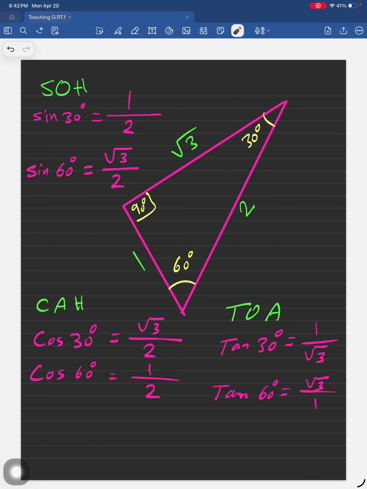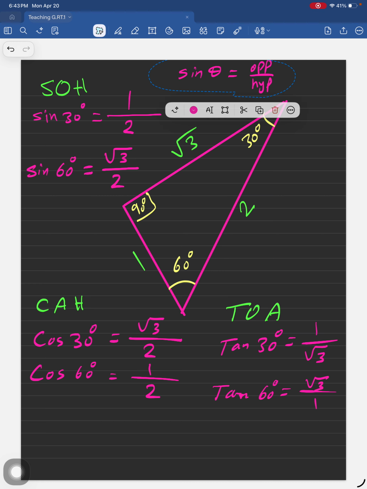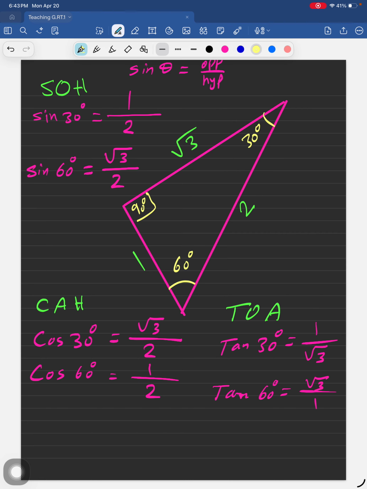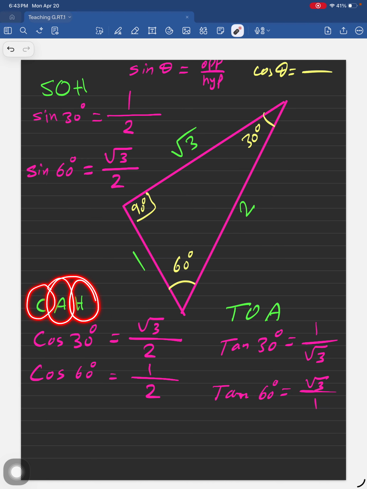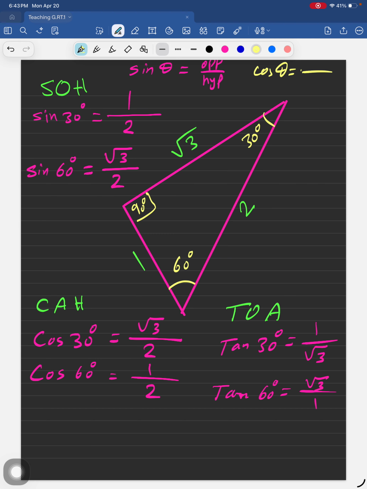So we can do this as a summary by saying that the sine of any angle, for example theta, is equal to opposite divided by hypotenuse, that's the SOH. Cosine of angle theta is adjacent over hypotenuse.